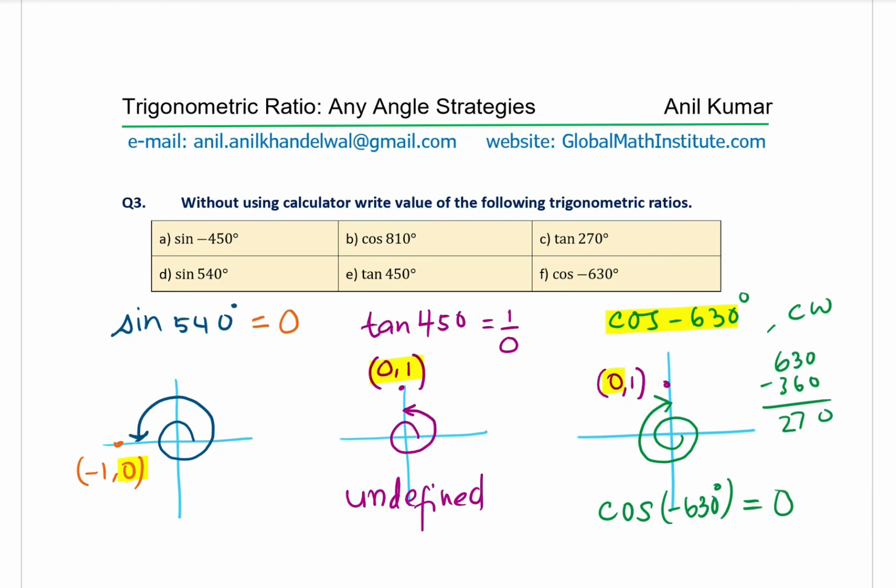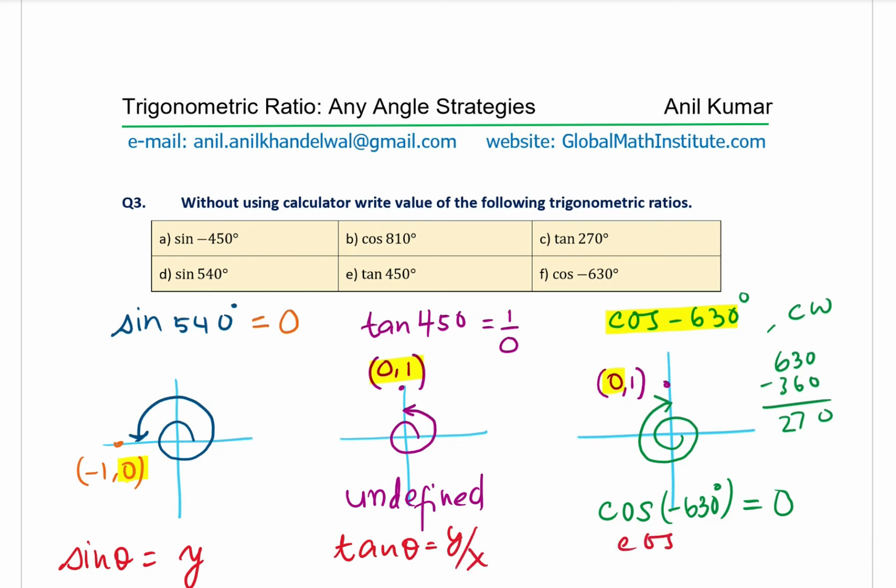So as you have seen in this particular case, for a cosine function, we are always looking into the x value. For the tan function, we are looking into the ratio. So let me write down here. For sine theta, it is the y value. For tan theta, it is the ratio y over x.